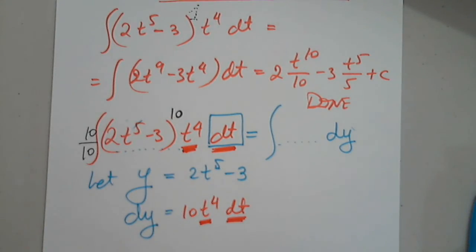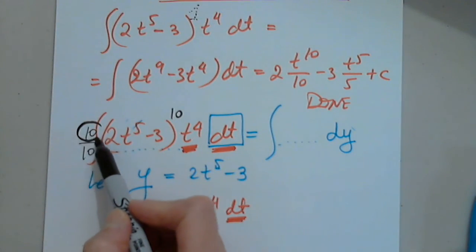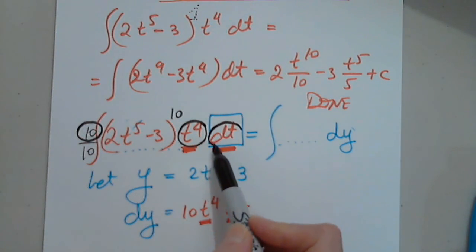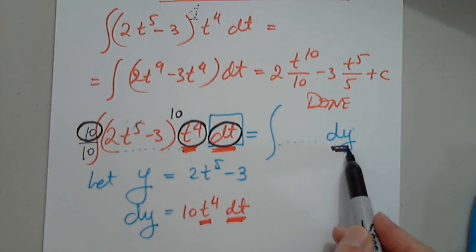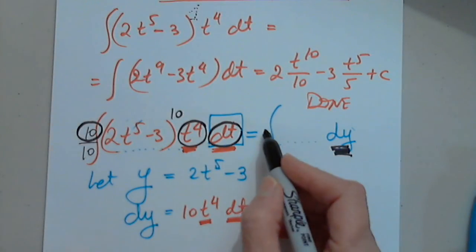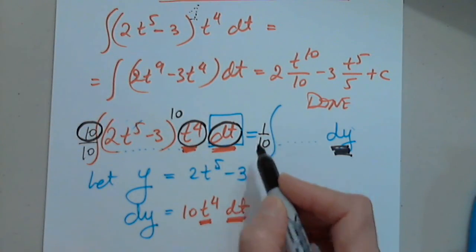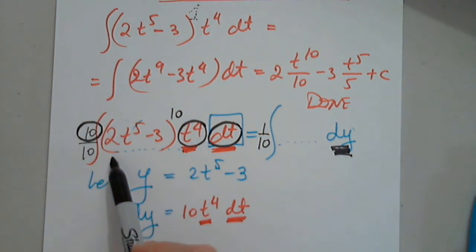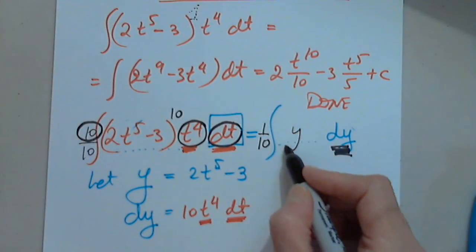It's just 1. But I'm going to incorporate this and this and this in dy. I still have 1 over 10 in front. And what do I replace this by? Y to the 10th. That's it.